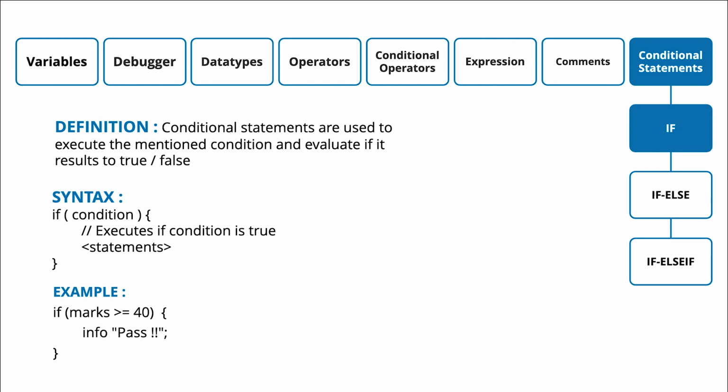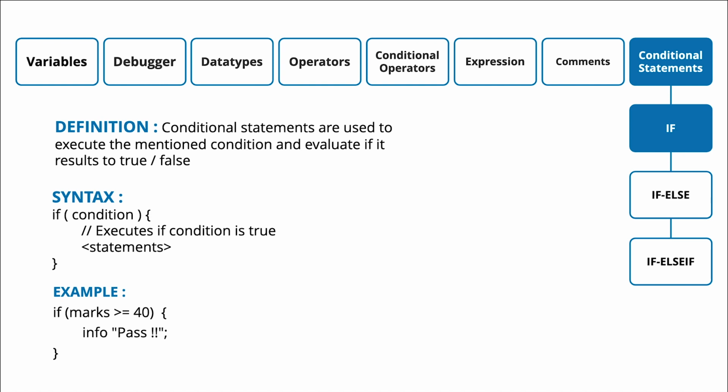Okay, so it says if condition, within curly brackets you got to mention what you're trying to do if it satisfies the condition. So for example, if the marks are greater than 40, within curly braces you got to pass the output as pass.